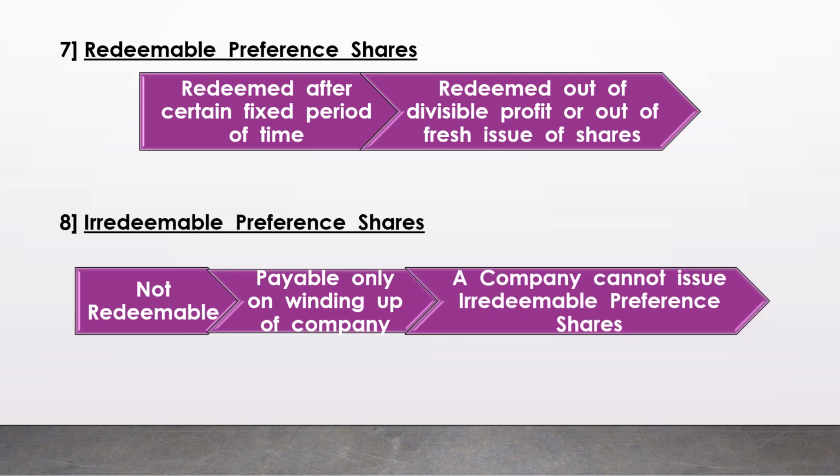However, Section 55, subsection 1 of the Companies Act 2013 says that a company cannot issue irredeemable preference shares, which means that a company is supposed to issue only redeemable preference shares, and accordingly the preference shareholders do get their capital amount back after a certain fixed period of time.